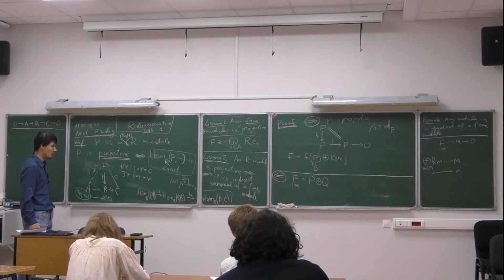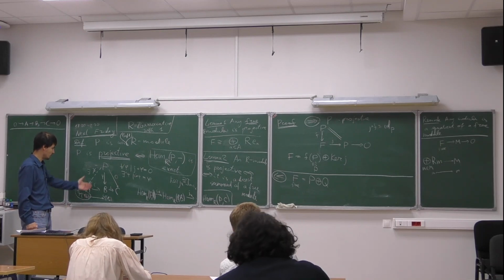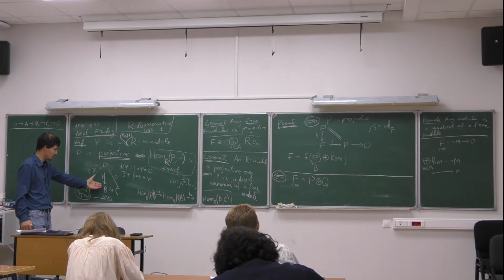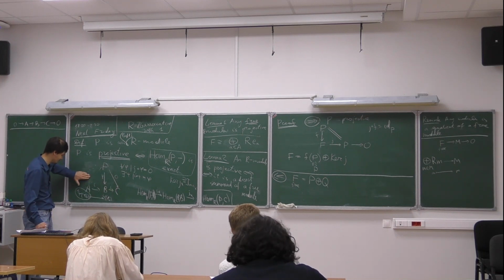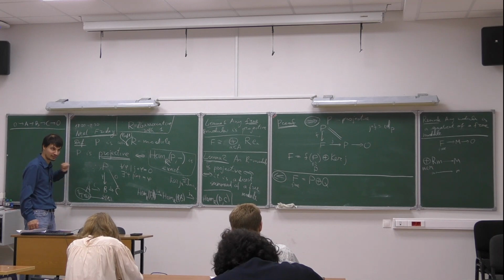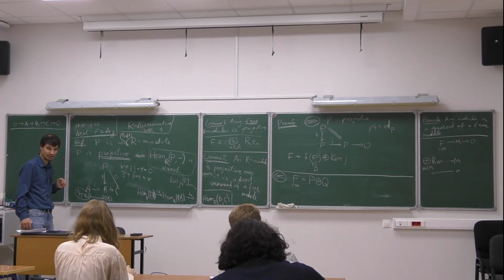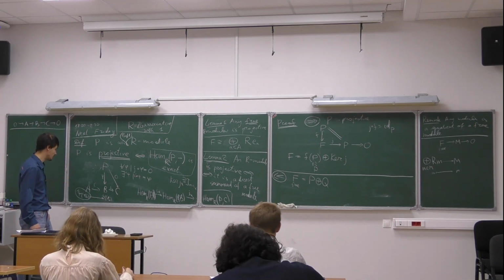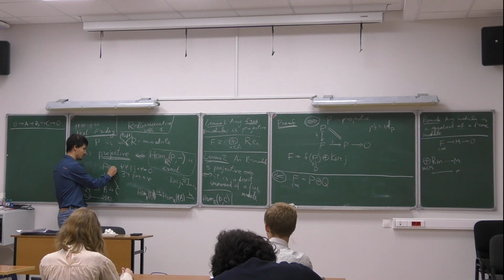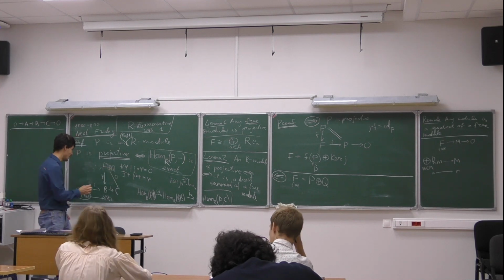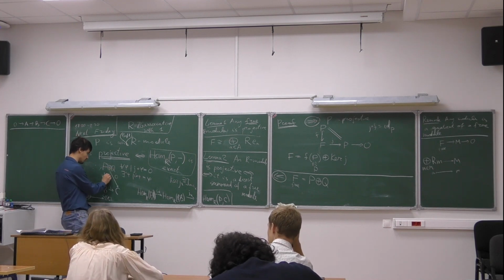Suppose that we have such a diagram, and at the moment we do not know whether there is such a lift. But having such a diagram, we always can write here P plus Q, and extend by 0.